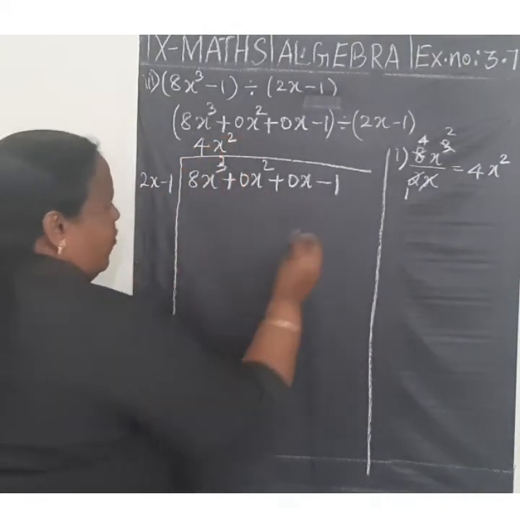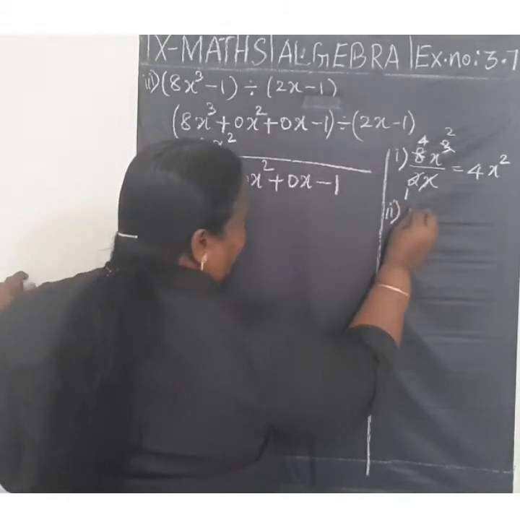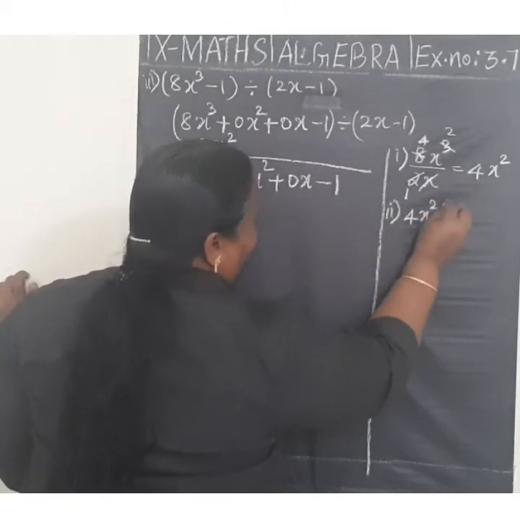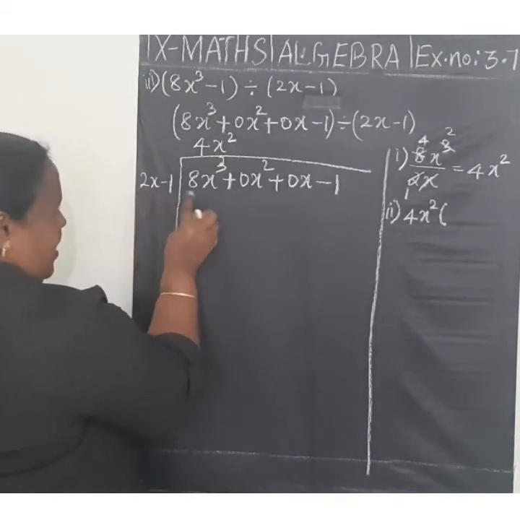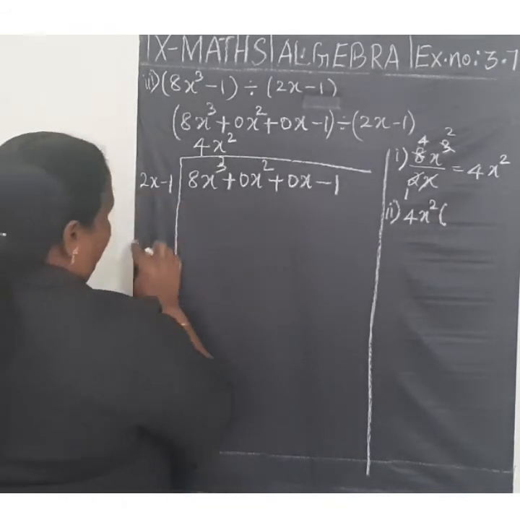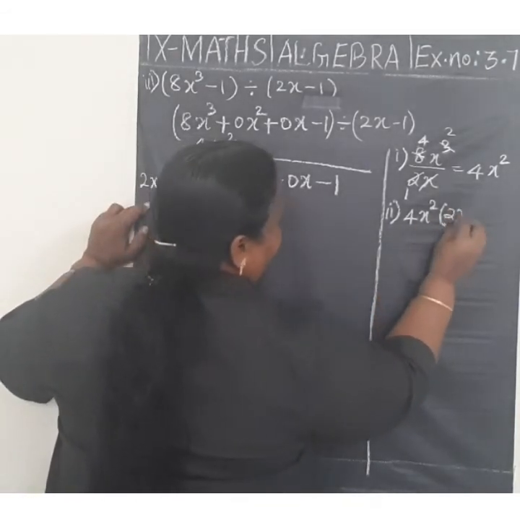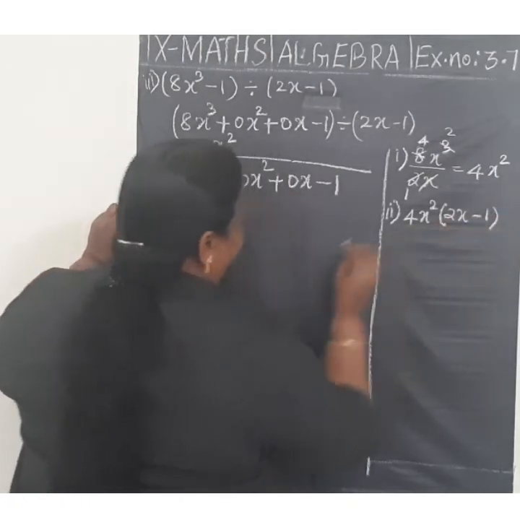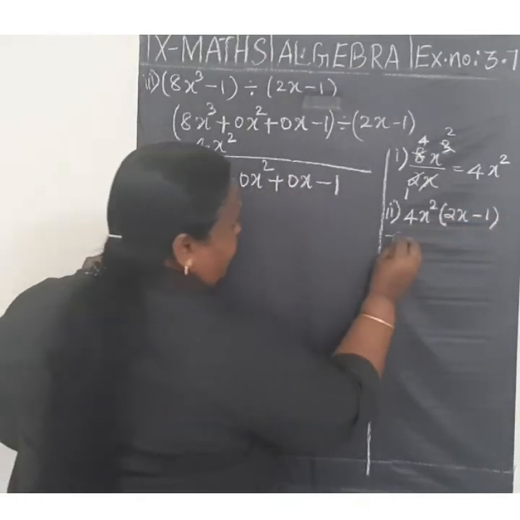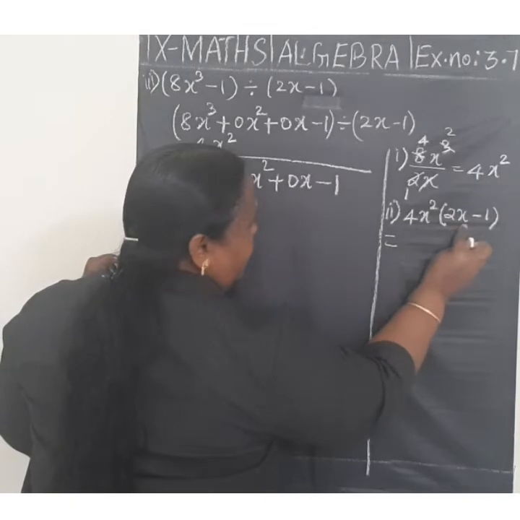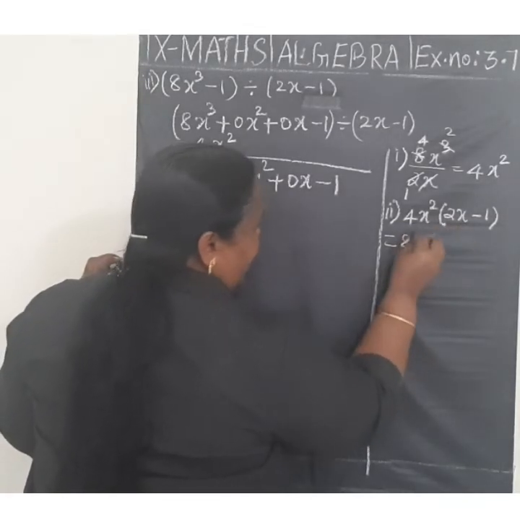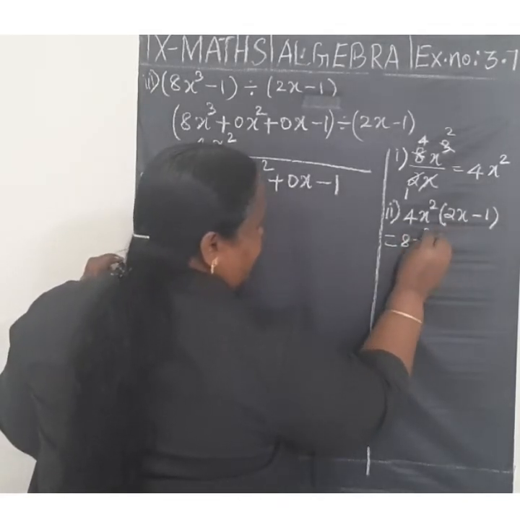So next step what we have to do means this 4x square we have to multiply it with the divisor to get these terms. So 4x square into 2x minus 1. So when we are multiplying 4x square into 2x, 4 2s are 8, x square into x is x cube.